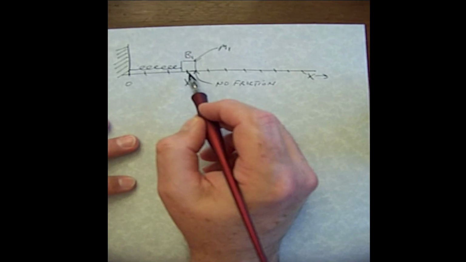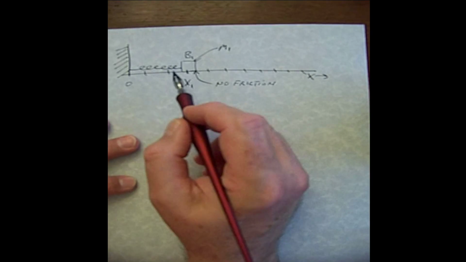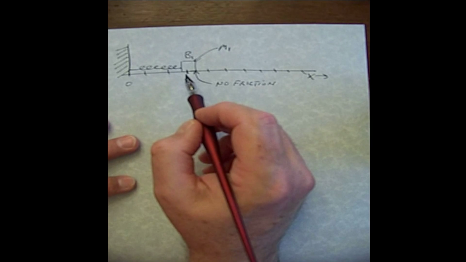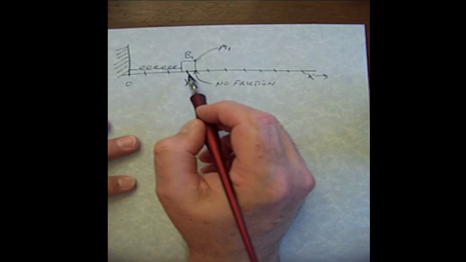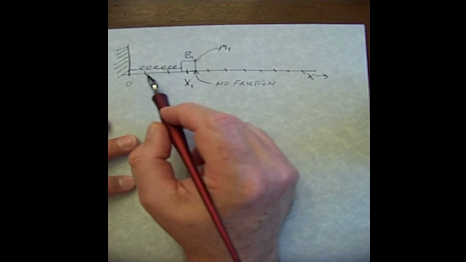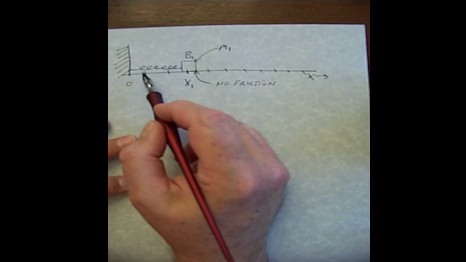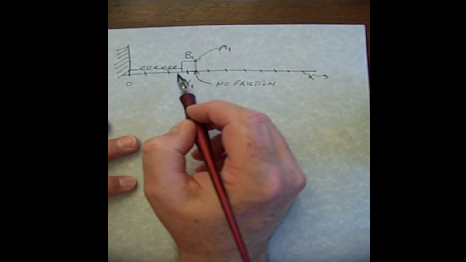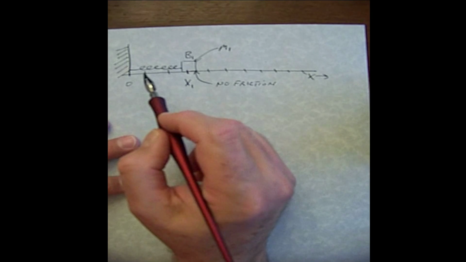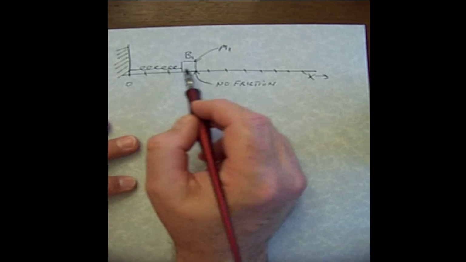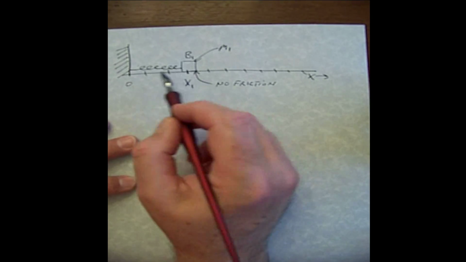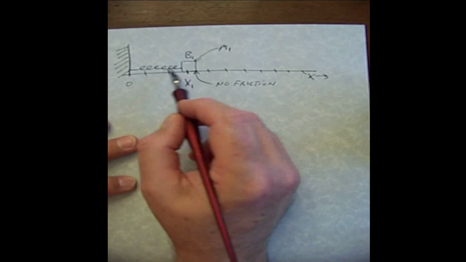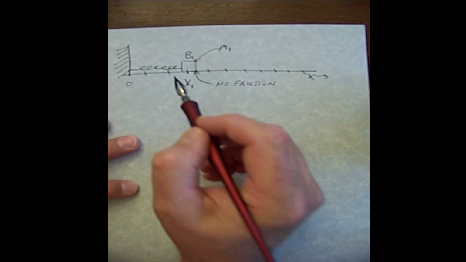Now, B1 is at rest. That means that it's not moving, obviously. And we know from knowing how springs work that if B1's not moving, then the spring is perfectly relaxed. It's not compressed, it's not extended, it's just sitting here perfectly limp and relaxed.